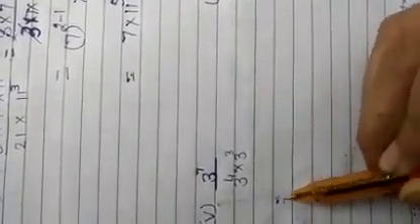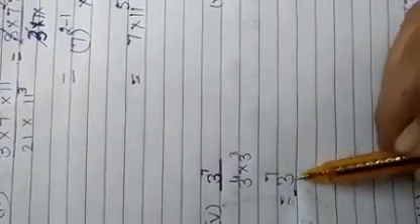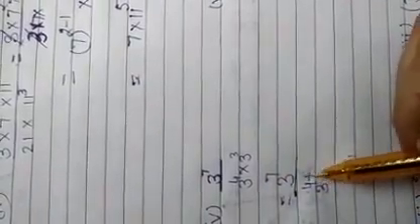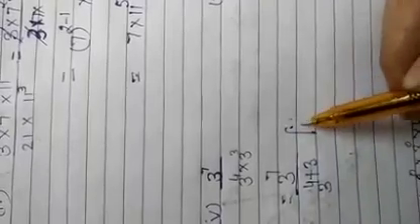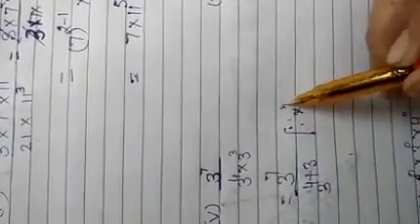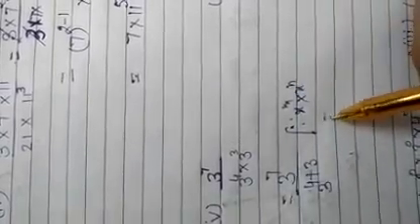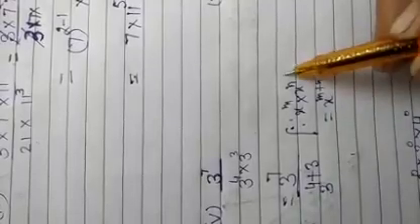Here 3 raised to the power 7 will be as it is, and downside it will be 3 raised to the power 4 plus 3. And inside you will just mention the identity, because x raised to the power m into x raised to the power n is equal to x raised to the power m plus n.